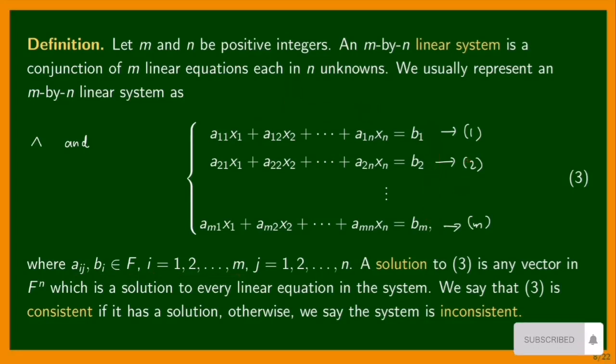Of course, a solution to this linear system is just a vector which is a solution to each one of these. As this is a conjunction, for that to be true, each of the component statements must be satisfied. We say that this system is consistent if it has at least one solution. Otherwise, if it doesn't have any solution, we say that the system is inconsistent.